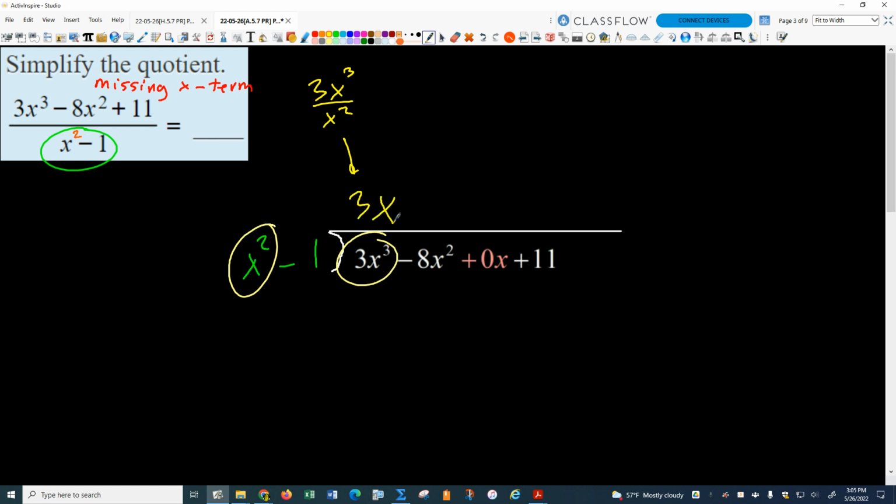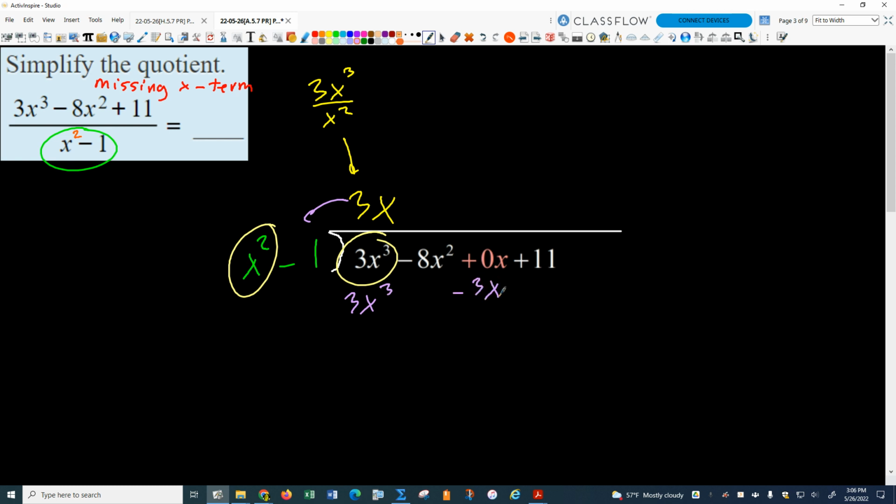Everybody get that? Okay, what do you think I do? If I get a term on top, I'm going to do just like what I did with number long division. I'm going to multiply by what's out front, so that means distribute in this case. 3x times x squared is 3x cubed. 3x times negative 1 is minus 3x. But I've got to line that up in the x column, right?